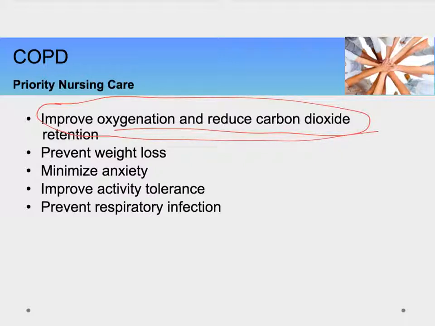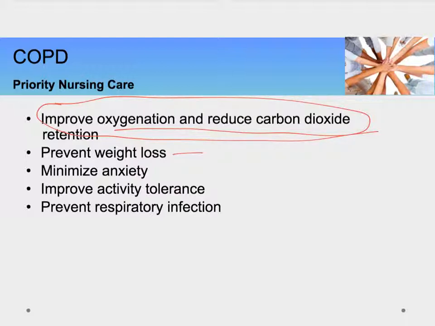I think in the past few slides I spoke about how their respirations get very disorganized, and sometimes their exhalation starts at the same time their inhalation starts, so it's very unorganized. So pursed-lip breathing is a way to slow that down and make sure that they get improved oxygen and reduce their carbon dioxide retention.